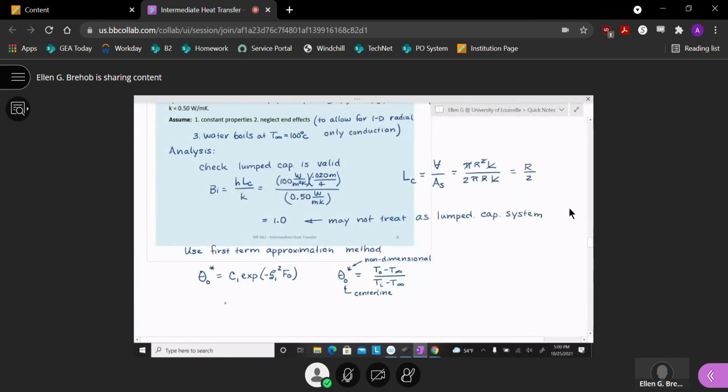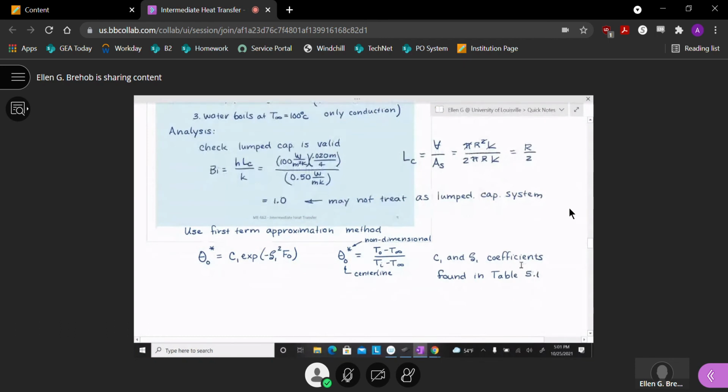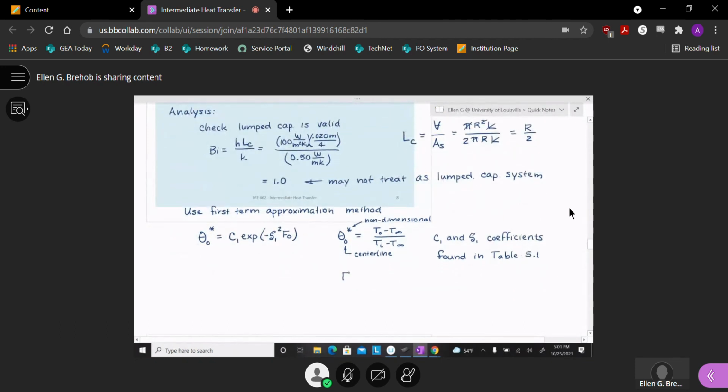All right, C and zeta are some coefficients we're going to look up on the next table. Okay, Fourier is a non-dimensional number.